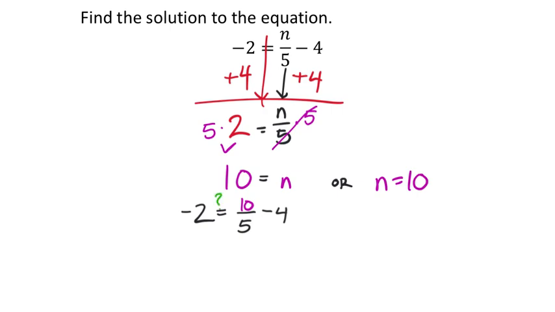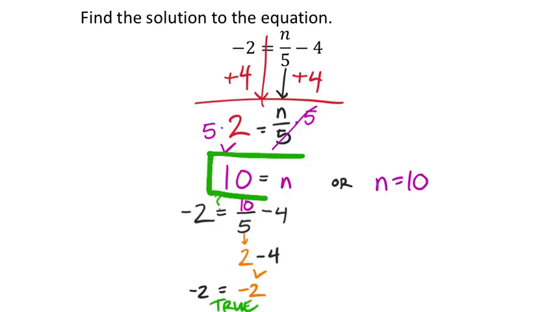Put a question mark over my equal sign because I'm just checking for truthfulness. And 10 divided by 5 here is 2, and that was part of our work. And then 2 minus 4 there is negative 2. So negative 2 does equal negative 2. That's true. Which means that our original 10 equals n, or n equals 10, same thing. Again, that's a solution to this equation.